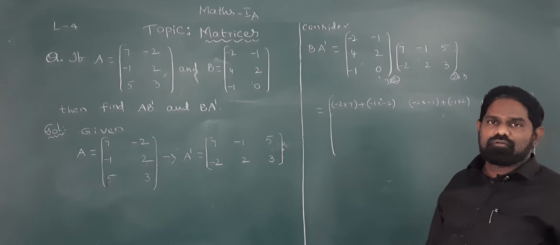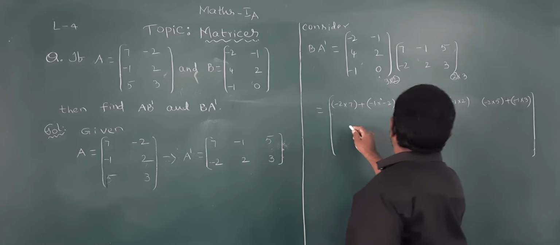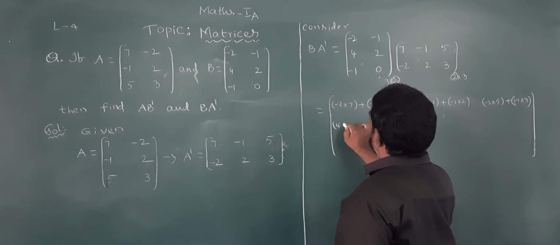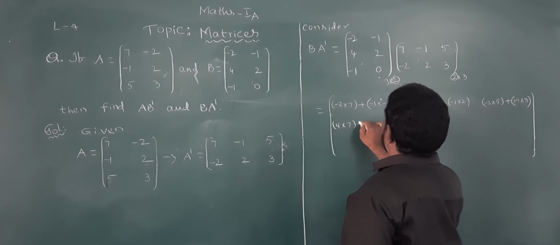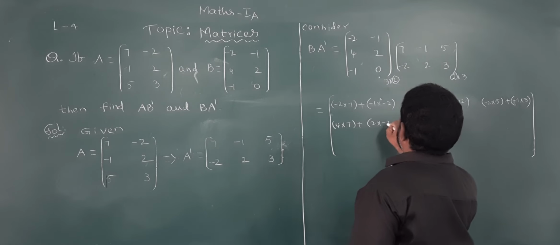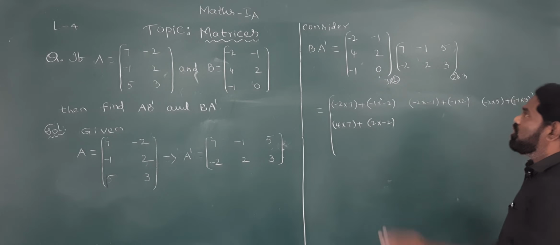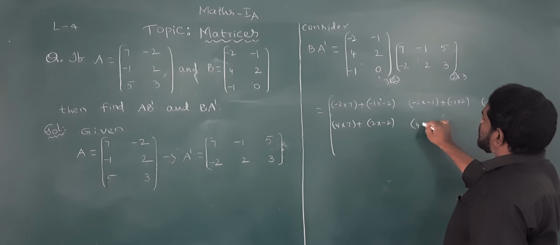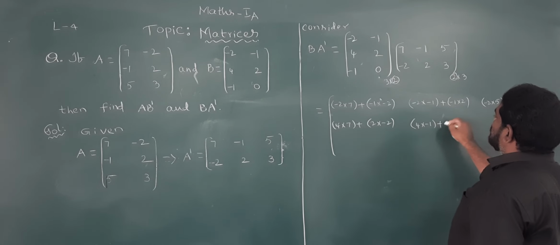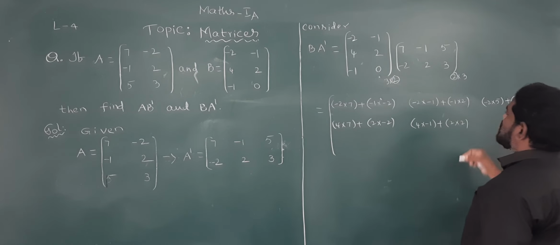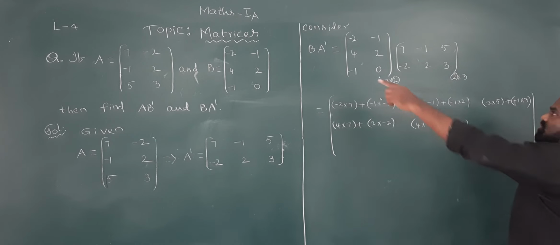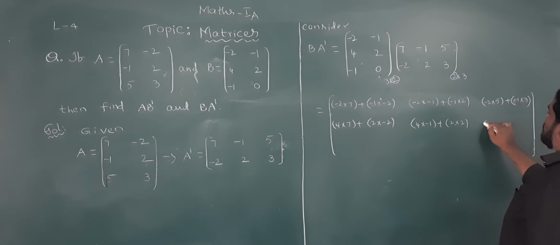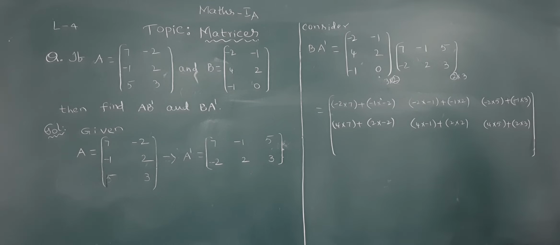Second row, first column: 4 into 7 plus 2 into minus 2. Second row, second column: 4 into minus 1 plus 2 into 2. Second row, third column: 4 into 5 plus 2 into 3.